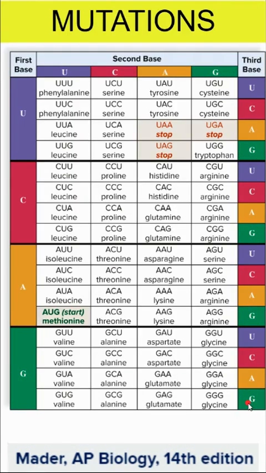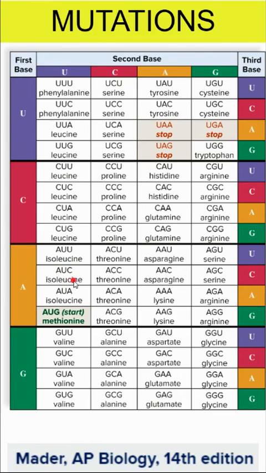So when we think about mutations, a lot of times we think about the DNA changing, but then how does that affect the ultimate protein? So that comes back to this RNA amino acid chart. So let's say, for example, we had a DNA code that created the RNA AUC. That would give us isoleucine.